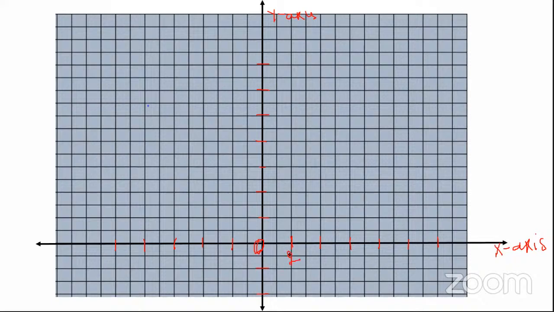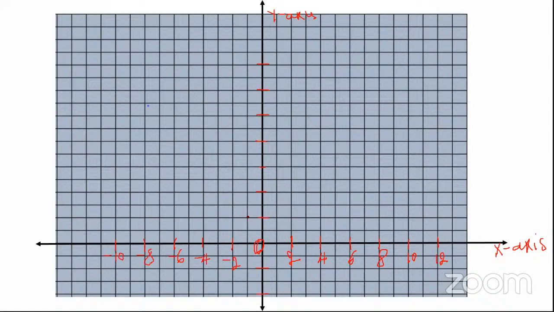So here we are going to write 2, because we are using a scale of 2, then 4, 6, 8, 10, and 12. Then here we shall have -2, -4, -6, -8, -10.